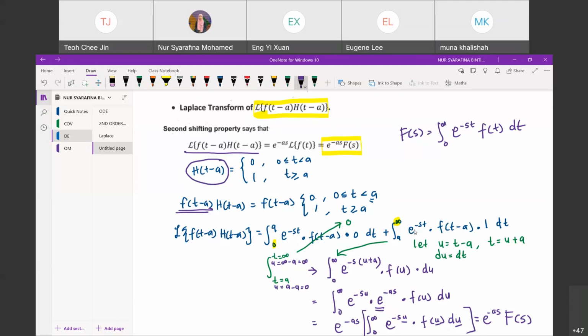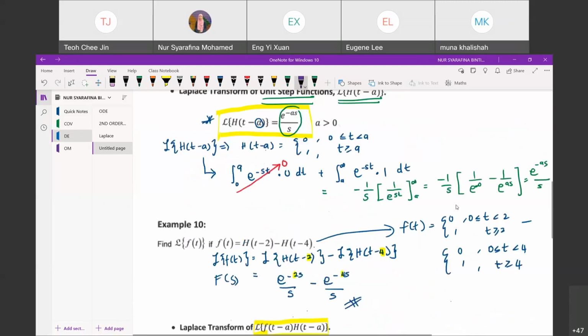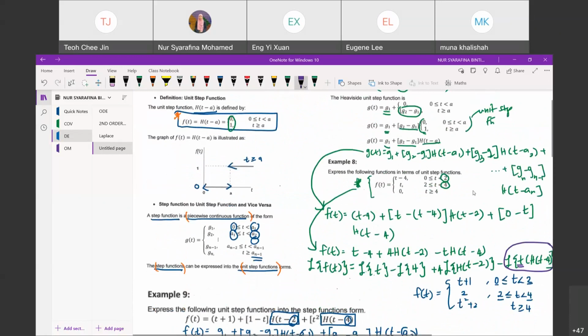All right. So now let's try this example. The first example here. You know that this is a piecewise function. Now you have converted it to a unit step function. Now, how can we transform? Okay, let's proceed with this example that we have discussed before we proceed with another example.